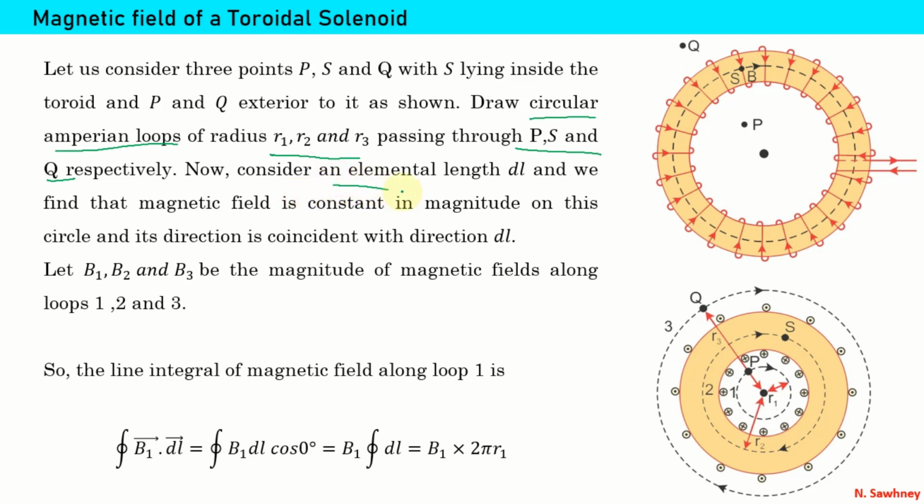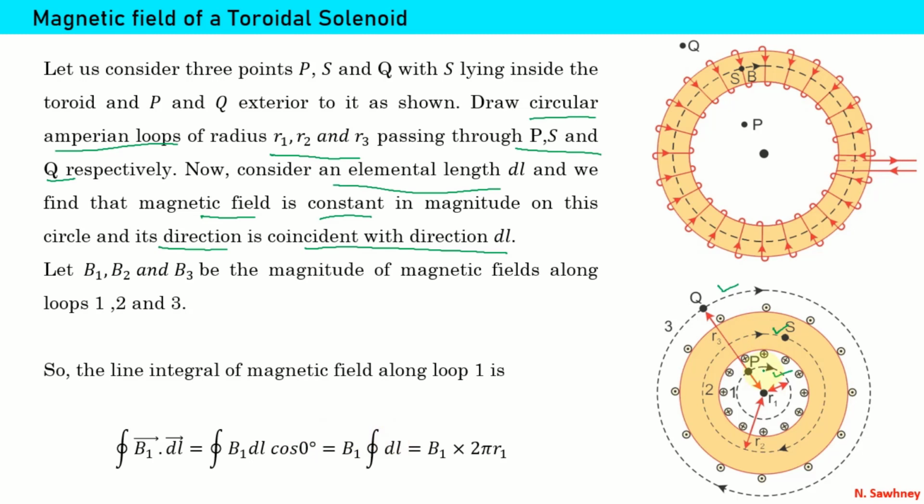Now consider an elemental length dl, and we find that the magnetic field is constant in magnitude on this circle by symmetry, and its direction will be the same as the direction of the length element dl. See the loops here. This is loop 1 passing through point P, this is loop 2 passing through point S, and this is loop 3 passing through point Q. Let the magnetic field on loops 1, 2 and 3 be represented by B1, B2 and B3.